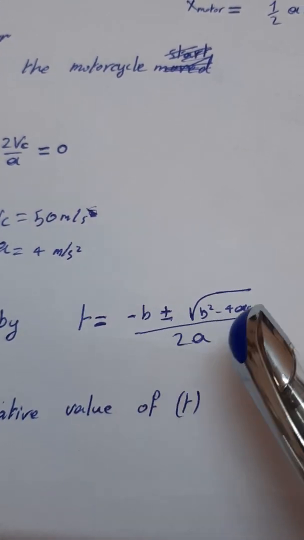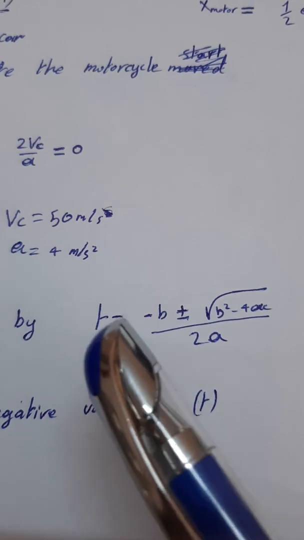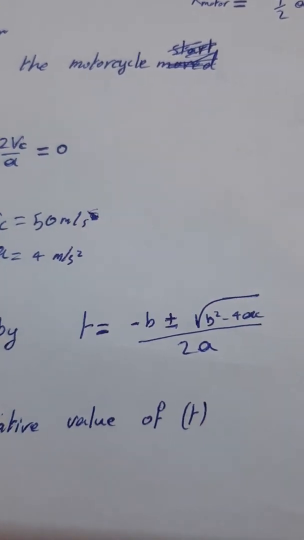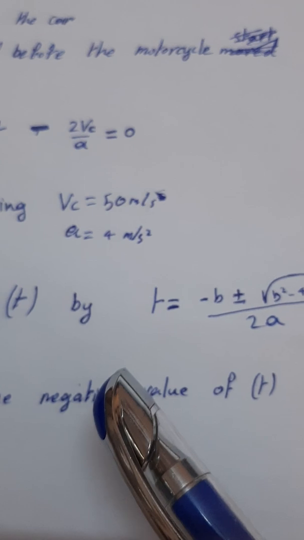And we can get two values of t, one positive and the other negative. And as we know, we must ignore the negative value.